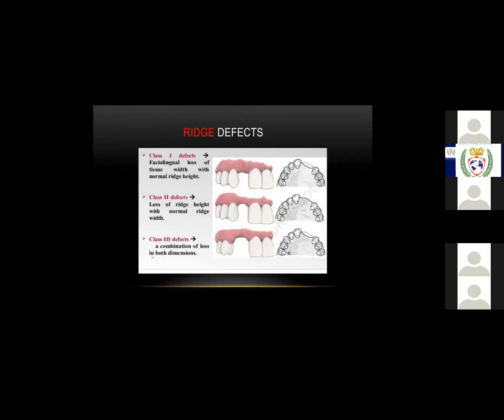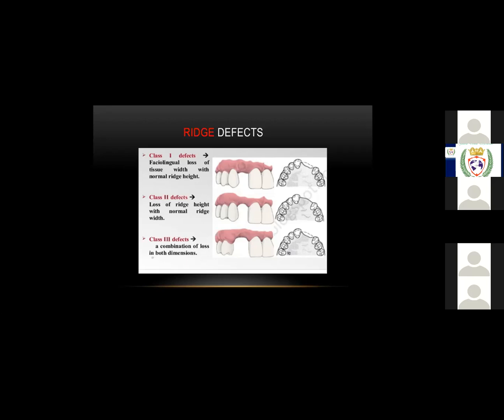So before we get into the actual cases, there is the Seibert classification for ridge defects which can be applied. We need to understand this very well, that after extraction there'll be a certain amount of resorption and there'll be a certain amount of ridge defect. So we lose the bone. There is nothing called an ideal case anywhere. So we have some defects.